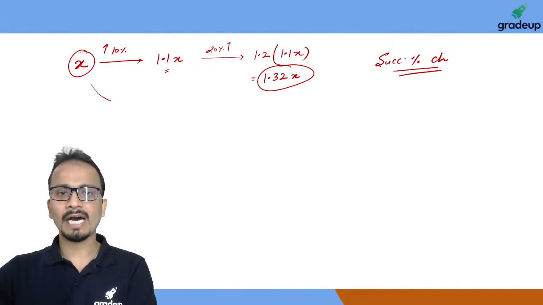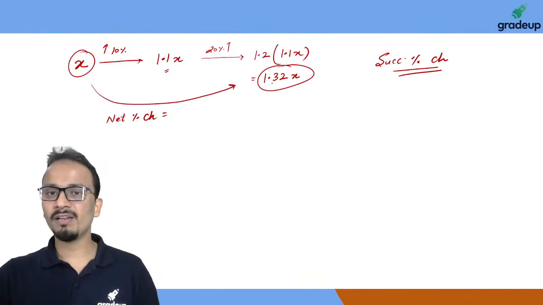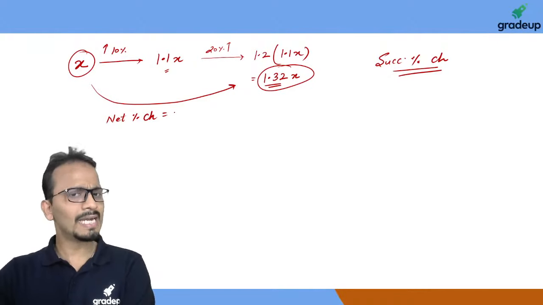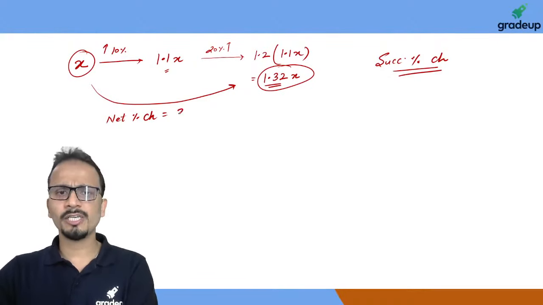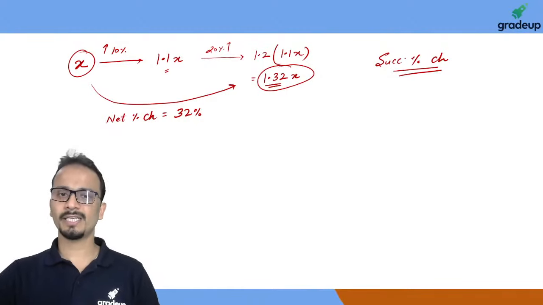So from initial to final value, the net percentage change is how much? Since there is a net factor of 1.32, I can say that the net percentage change is 32 percentage.